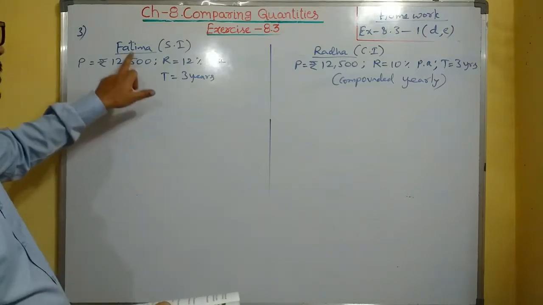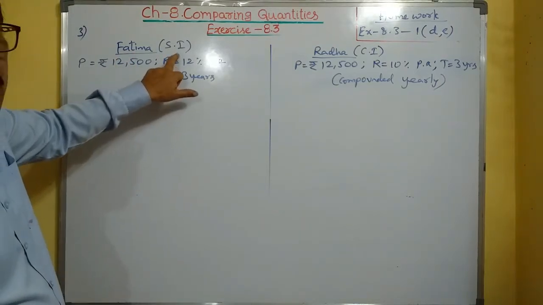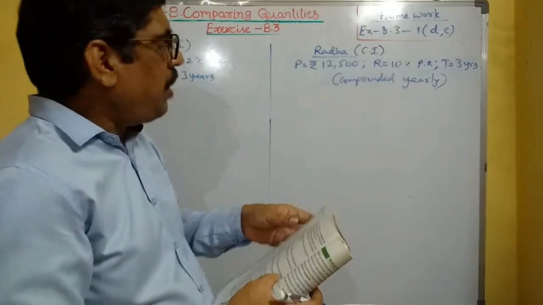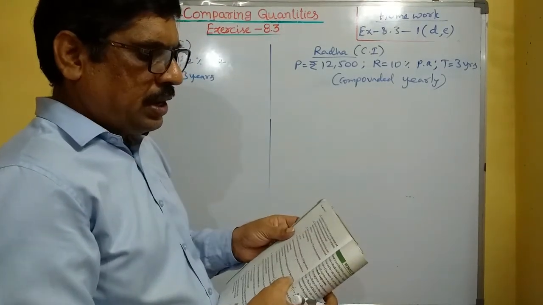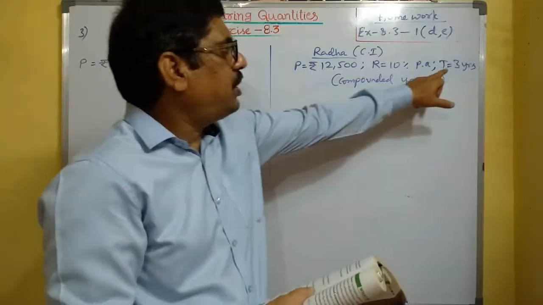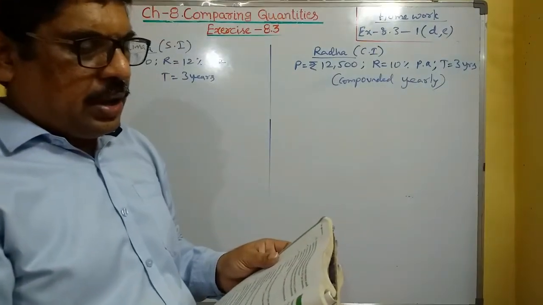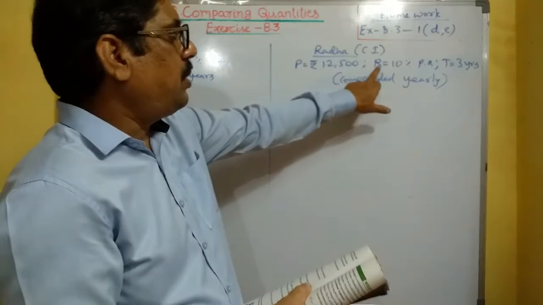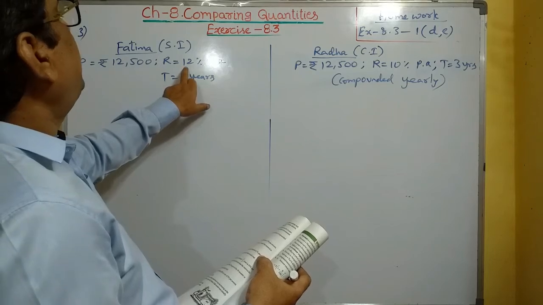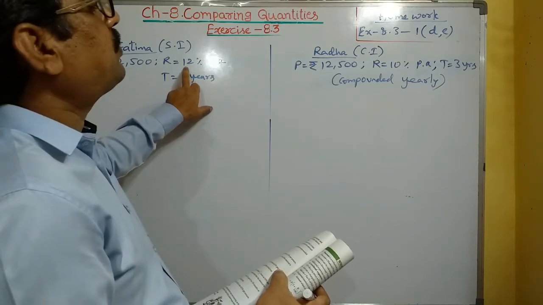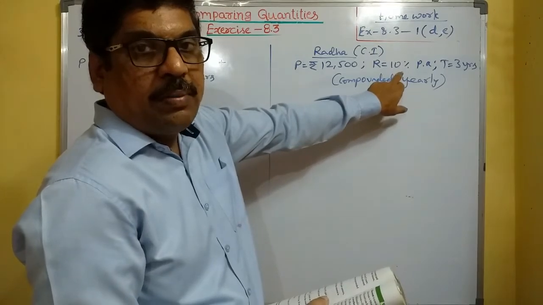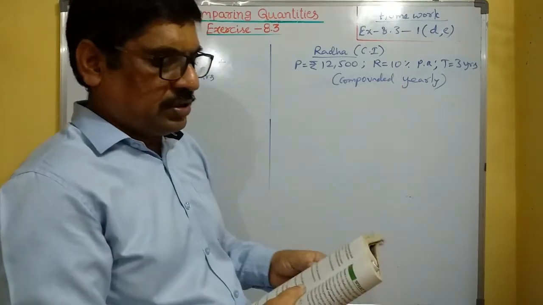Fatima has borrowed the money at simple interest, whereas Radha borrows the same amount, 12,500, for the same time period, 3 years, at the rate of 10% per annum. Fatima has taken the money at the rate of interest 12%, and Radha has taken the money at the rate of interest 10%.